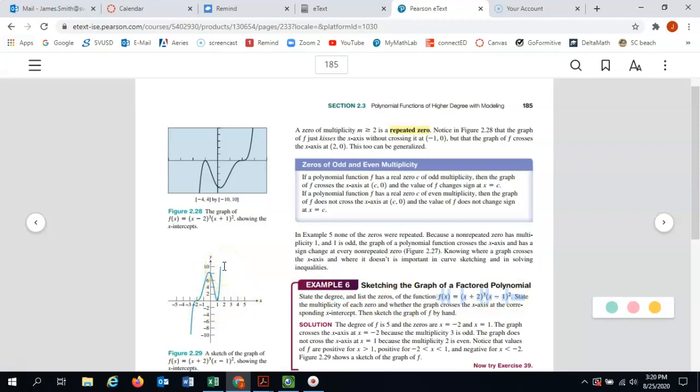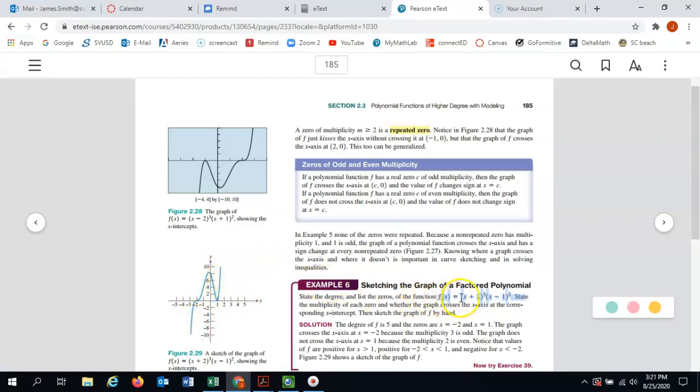And so that's just based on whether the exponent is odd or even. The other thing to keep in mind on these is we already know end behavior.